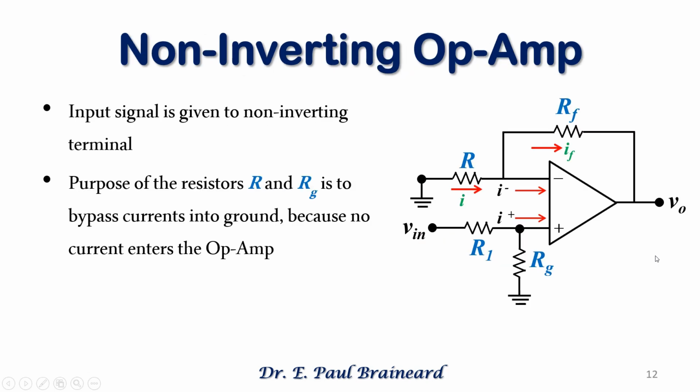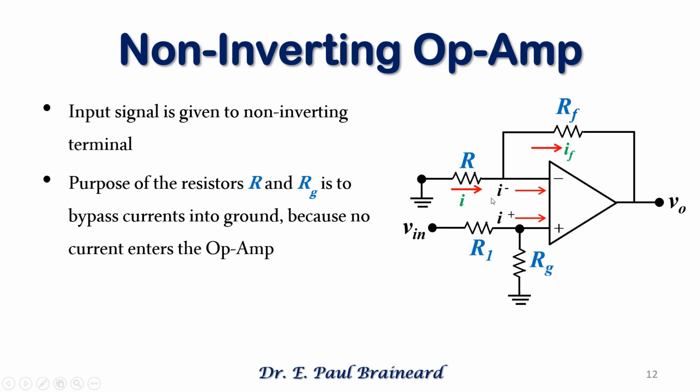Now we will move on to the non-inverting op-amp. Here the input signal is given to the non-inverting terminal of the op-amp. One important aspect you must remember in non-inverting op-amps is regarding the resistors R and RG. Practically no current flows into the op-amp. Therefore, a provision must be made for currents to flow into ground.